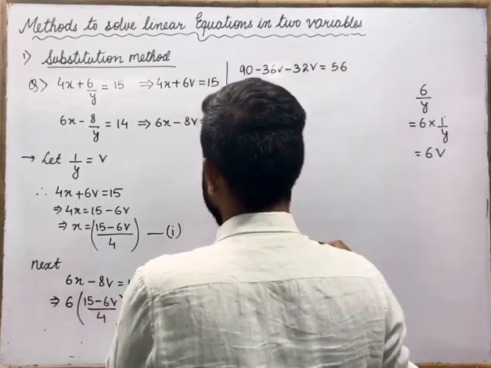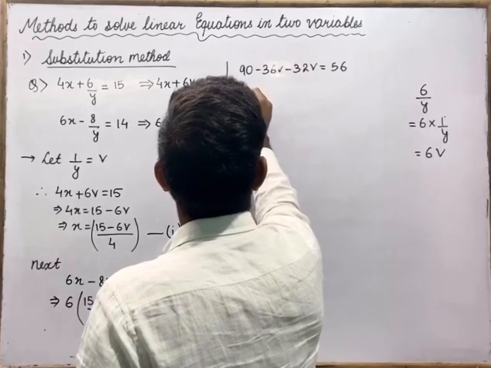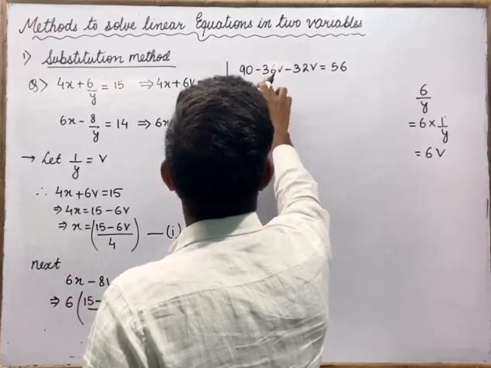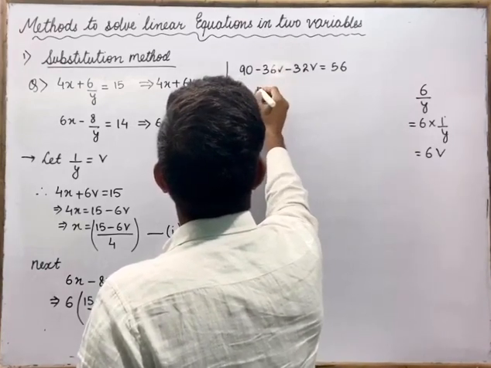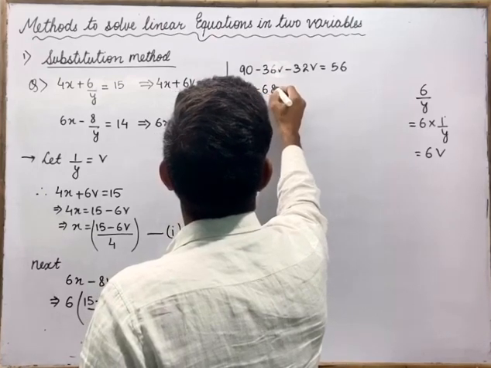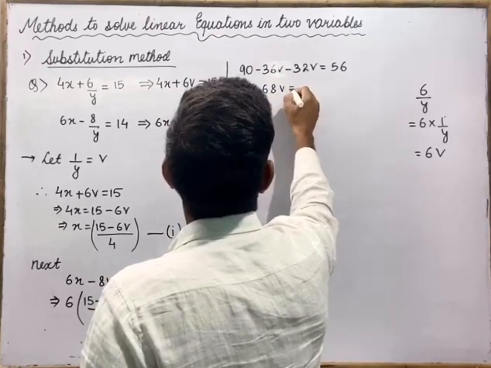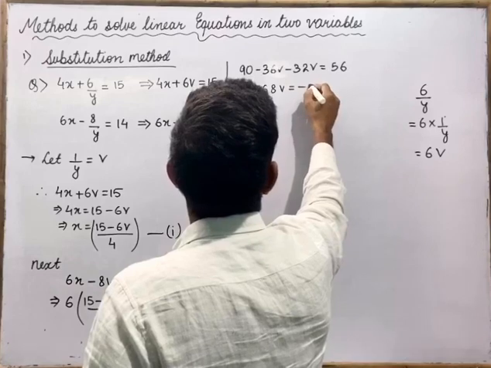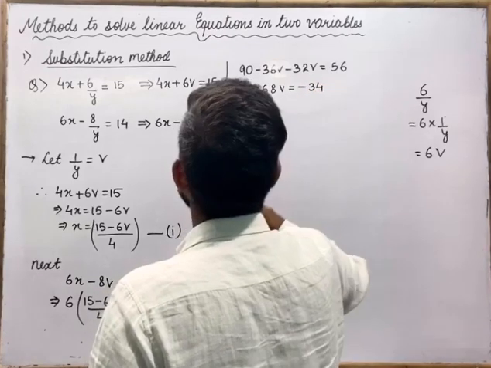So this has come in a straight line. So altogether this is minus 68v equals minus 34.